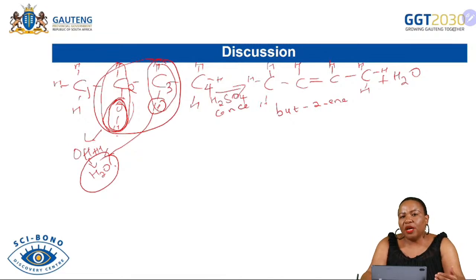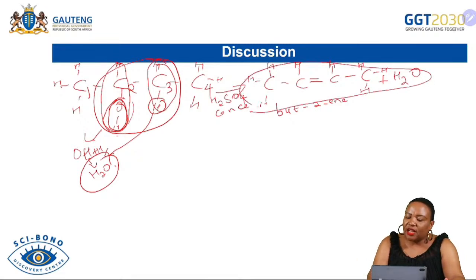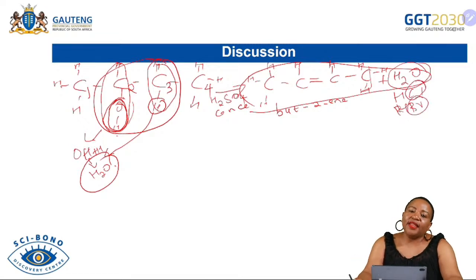But what you must also remember is what you are going to form during dehydrohalogenation. You are also going to form this alkene, but in terms of the inorganic product, you can form HCl or HBr. Why am I using the two products? Because most of the time we are using Cl and Br as our halogens.